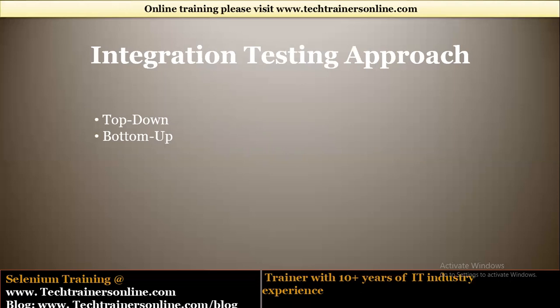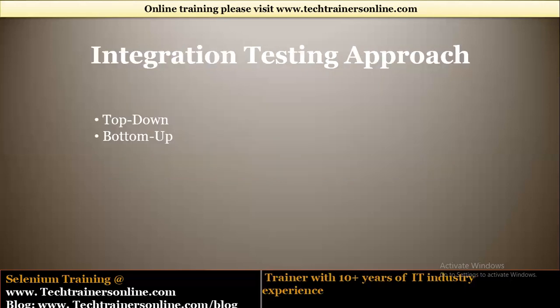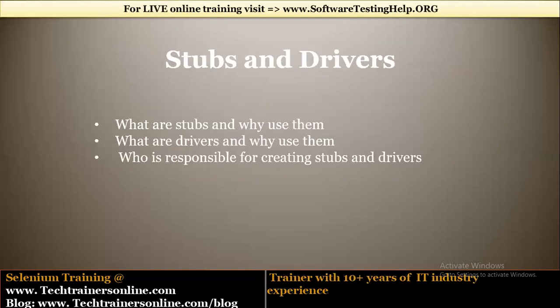Integration testing, we said, primarily has the developers responsible. So deciding which approach to follow and creating the stubs and drivers are maintained as the responsibility of the development team, not the testing team.